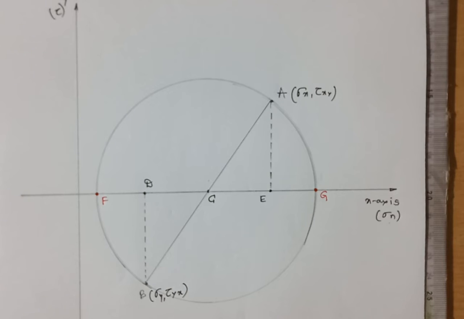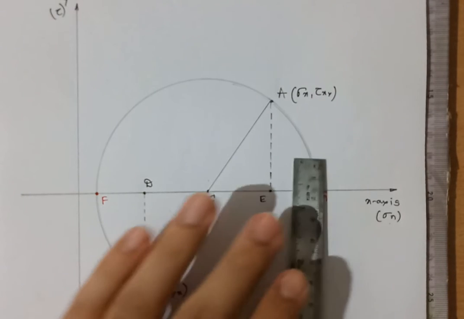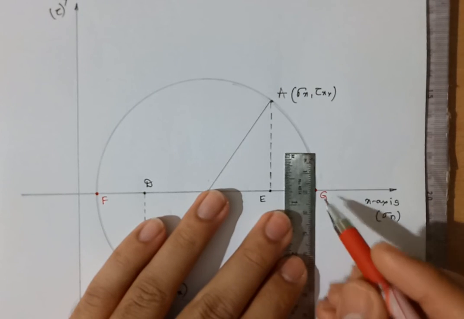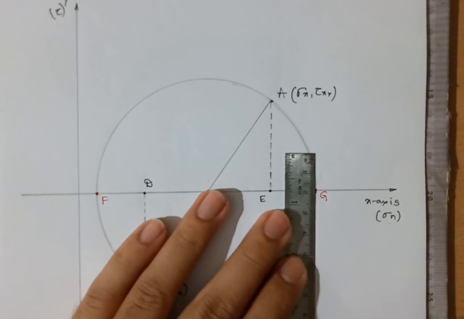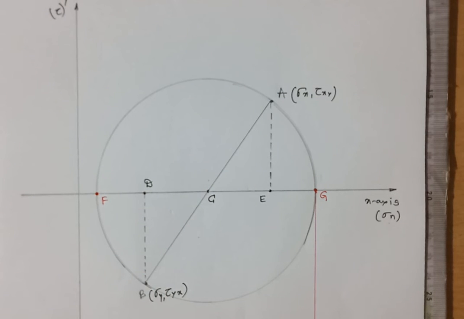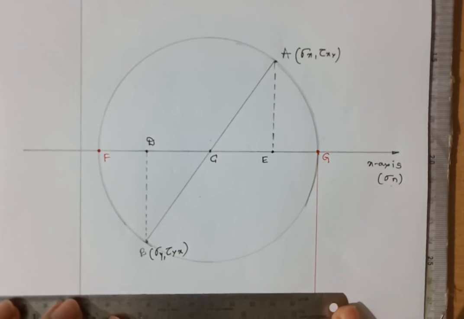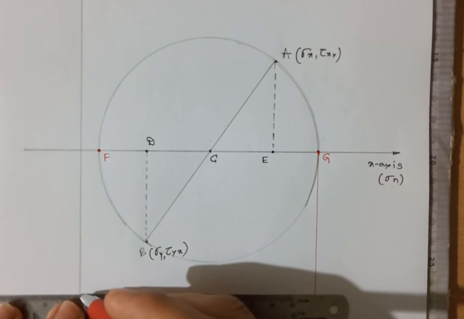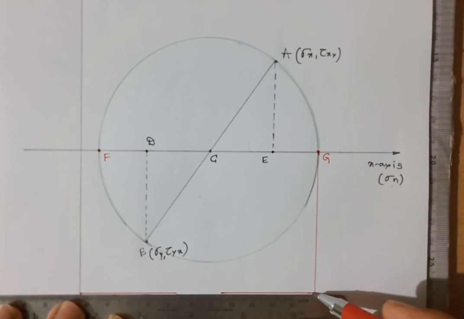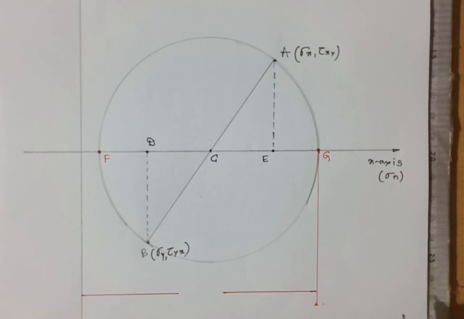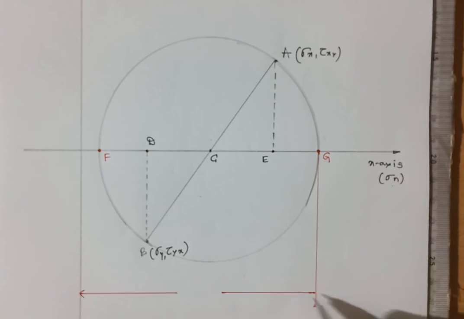So this distance with respect to the x-axis, this distance I call sigma 1, that is the major principal stress, right?